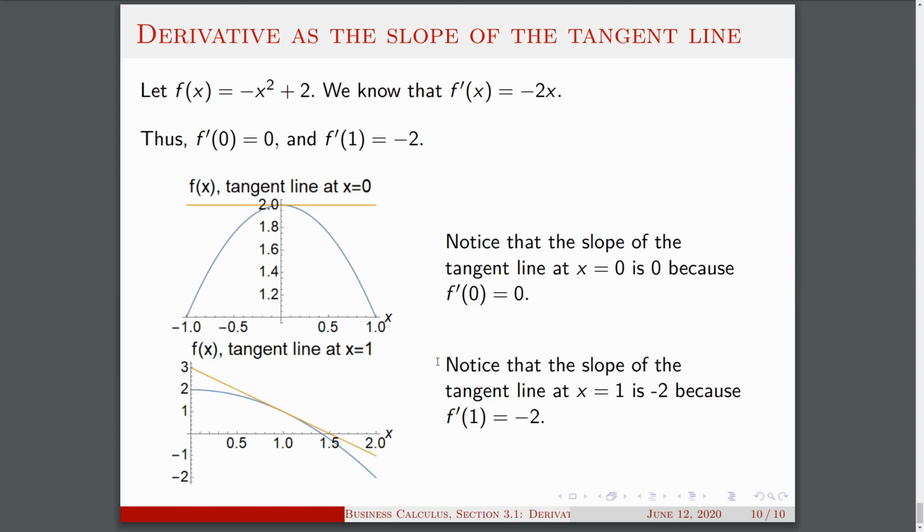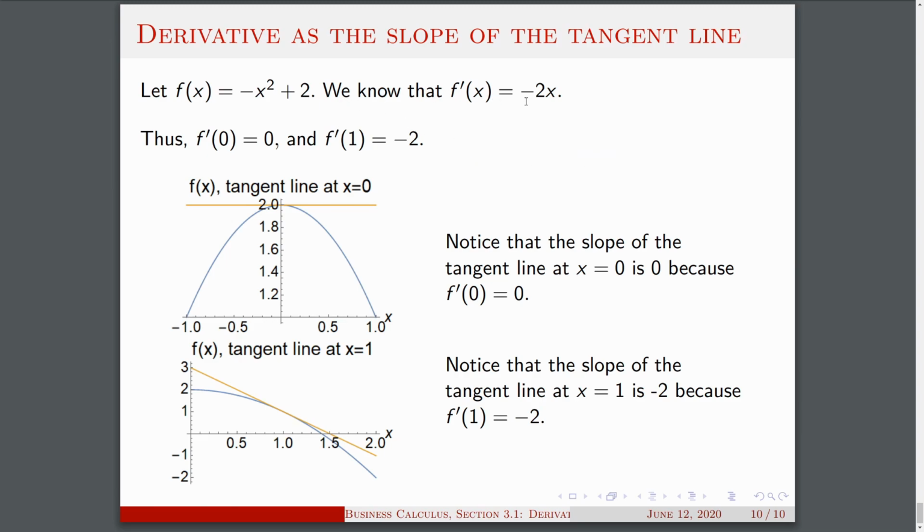And graphs. I said that we were going to take a break from graphs. Such a liar. Okay. Remember how we first talked about the derivative as being the slope of the tangent line at a particular point on the graph. Let's say we had this function here, negative x squared plus 2.